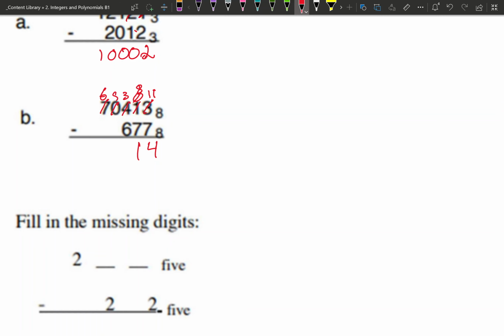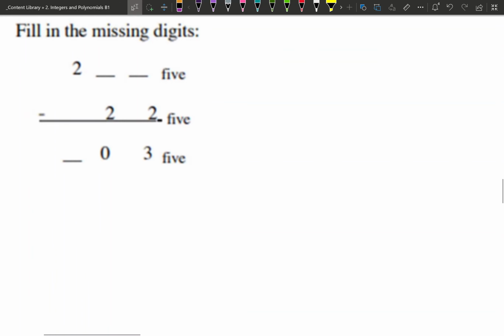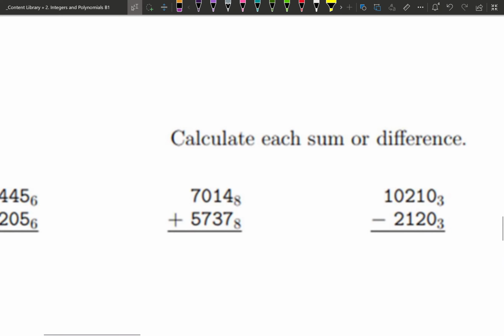Turn this into an 8, but because we've added 8 to the 0, but then we need to subtract 1 to make it a 7 so that we can add 8 to the 3 so that we can do 11 minus 6 is 5. Then we get 6, 7, 5, 1, 4.